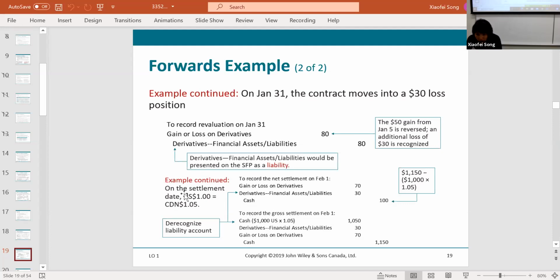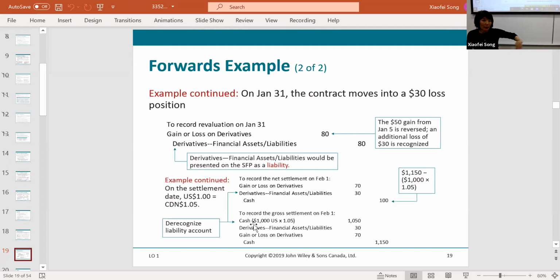On the settlement date, which is February 1st, exactly 30 days later, the exchange rate is $1 US equals $1.05 Canadian. If you look at a gross settlement, the company actually gets $1,000, so it will have US dollars 1,000.